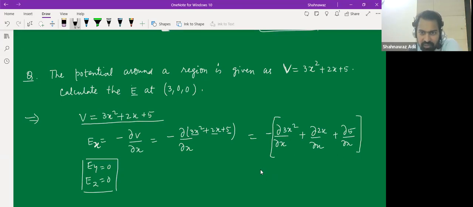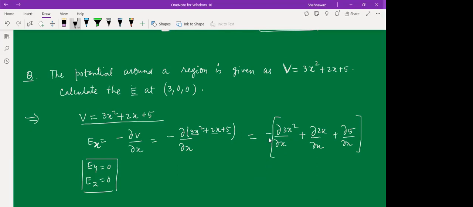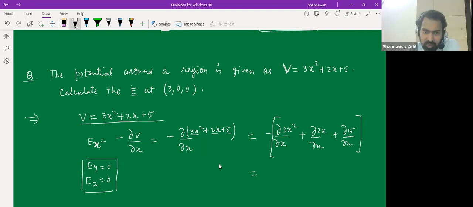Aisha, your answer is correct, but it is minus d by dx, so the answer will change. Both the terms will be in minus.